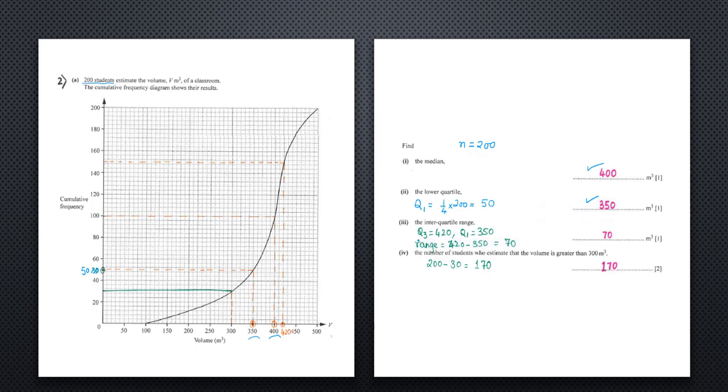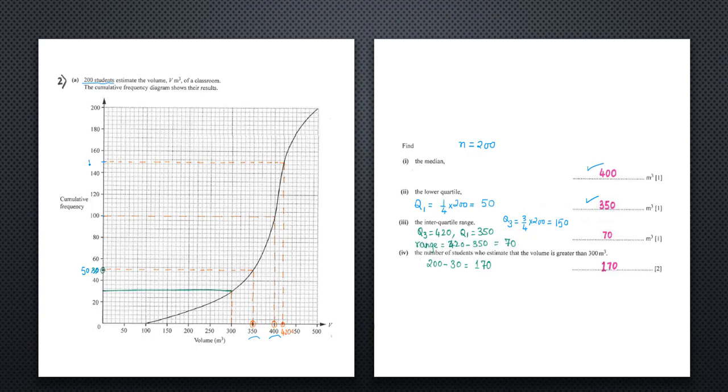Now for the interquartile range, again we need to find out Q3, the upper quartile, which is the value of x at 3/4 of the entire distribution. So 3/4 of 200 is equal to 150. Which means on the y-axis, we again need to locate 150.